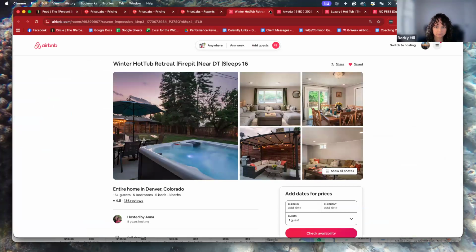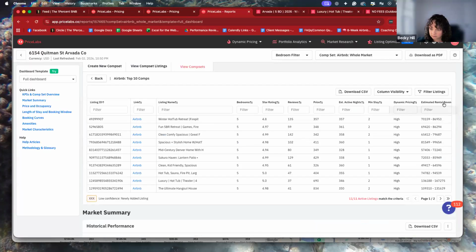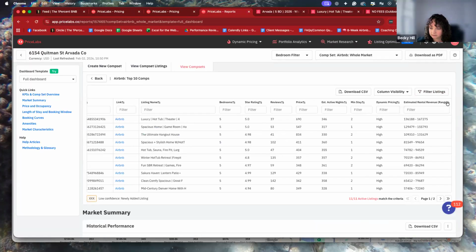Okay, so wait. Let's go based on revenue. Make it easier to find. Okay, this property they're saying it makes between 136 to 167, not including cleaning fees. So we're expecting AirDNA to be somewhere between 155,000-ish, 160 to 180-ish.